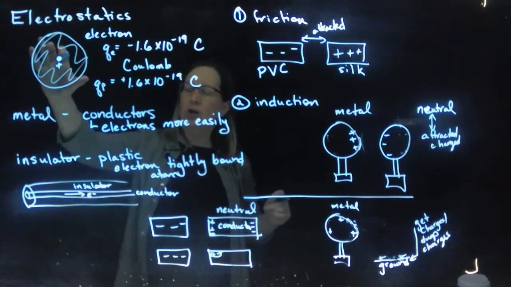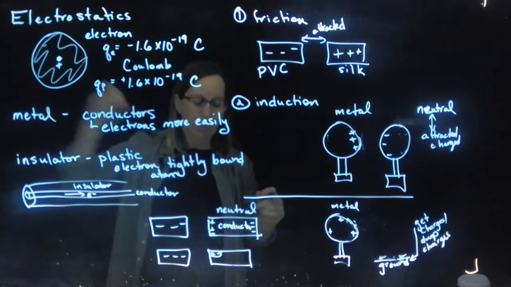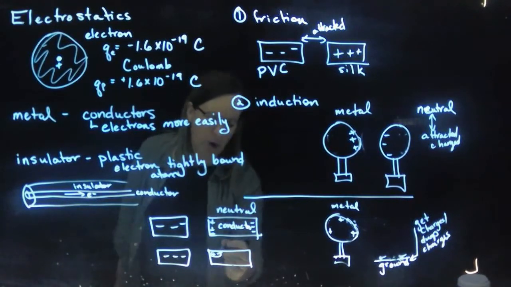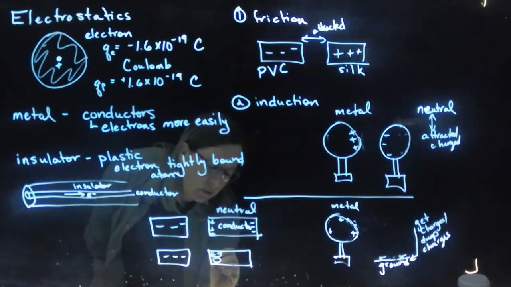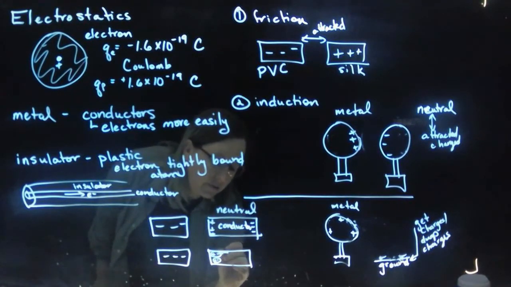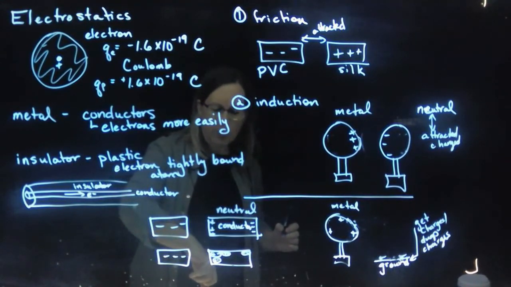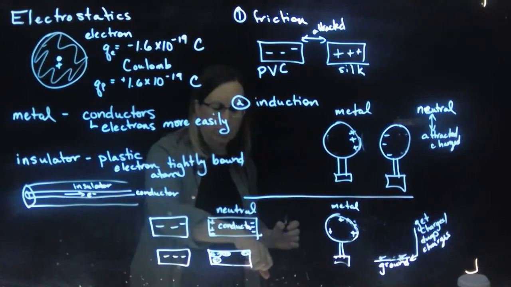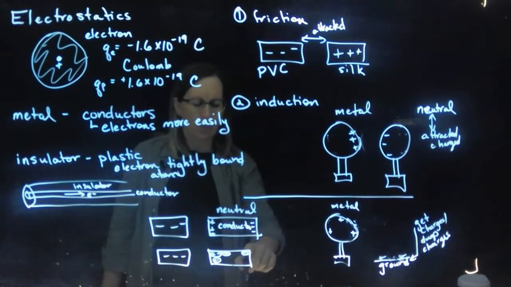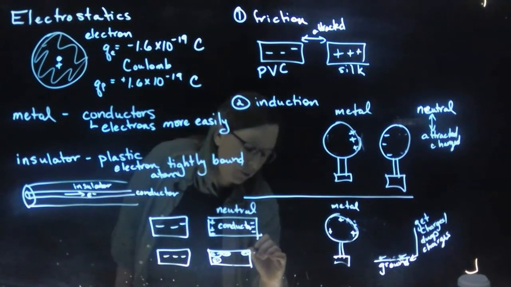Instead of a circular shape, we get sort of an oblong, what's called a dipole moment. It's not as big an effect, but we get this sort of shift all the way along here. So it looks like we have a little bit of extra plus charge over here and a little bit of extra minus charge. This is called polarization.